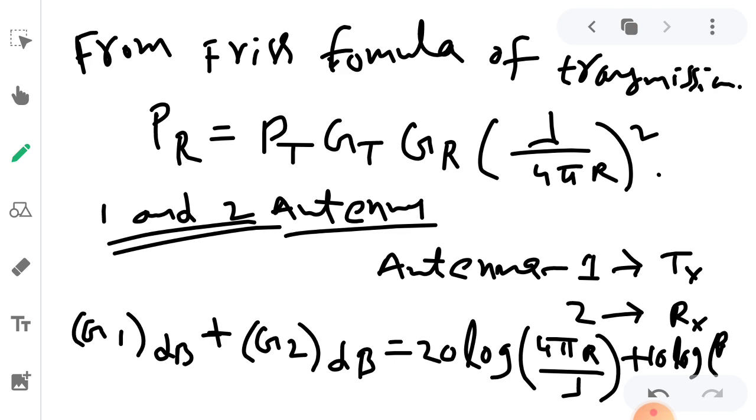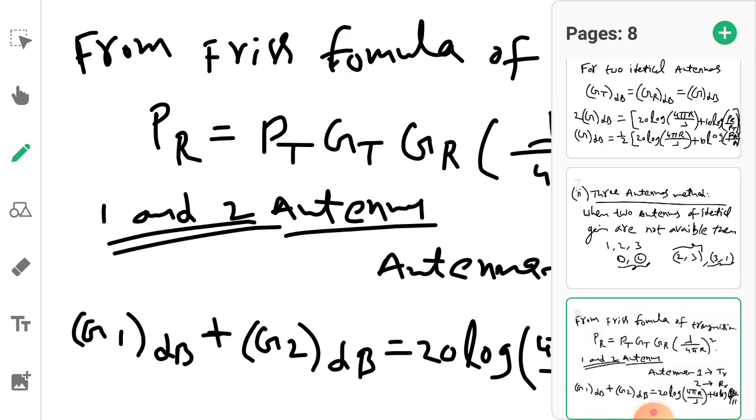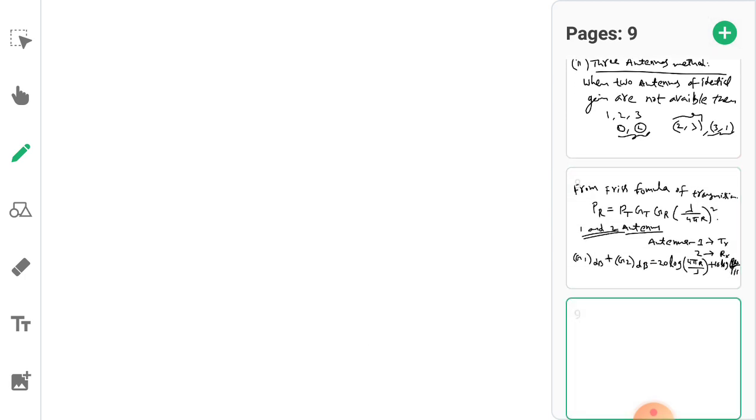Log PR2, that is the receiver antenna, divided by PT1. So that is the equation we take as the first equation.